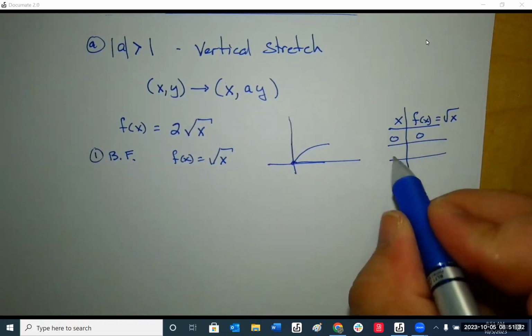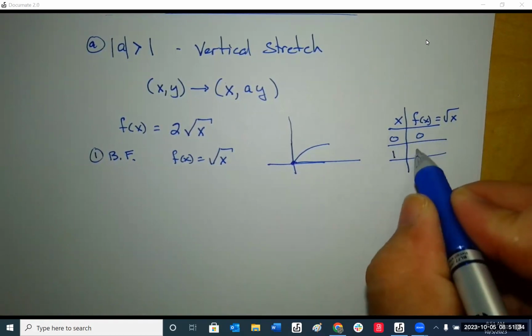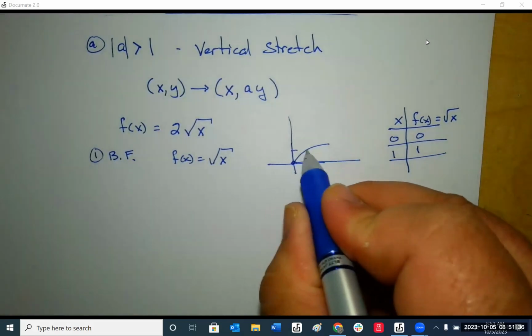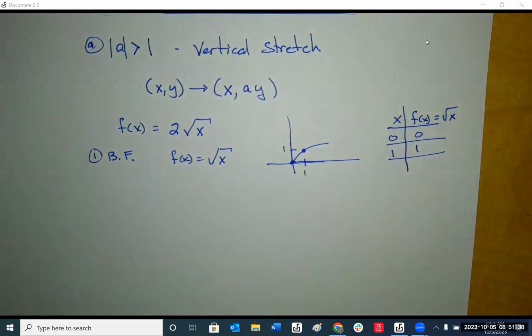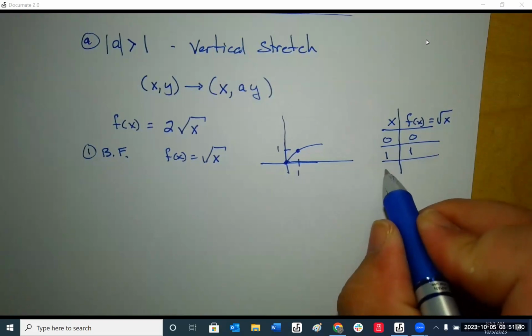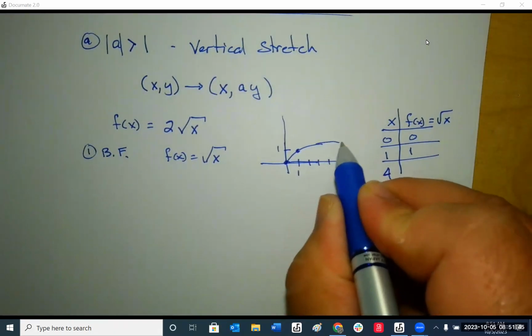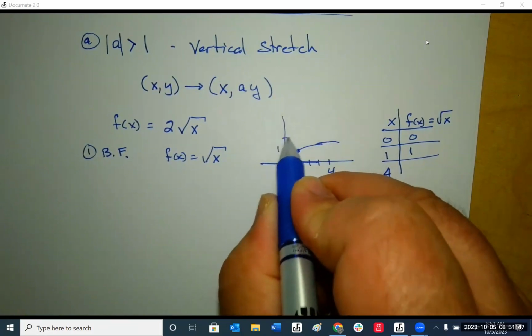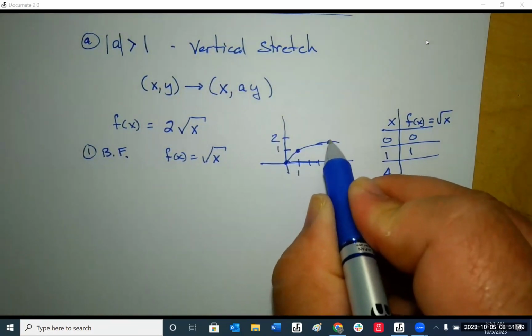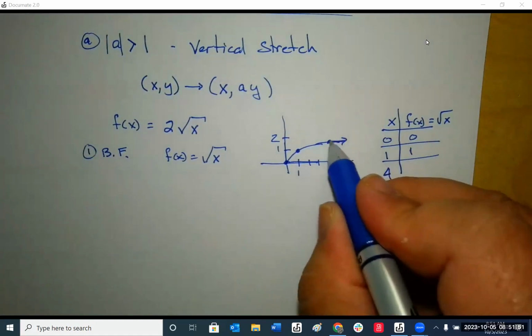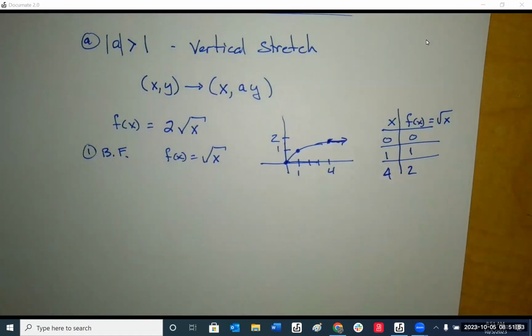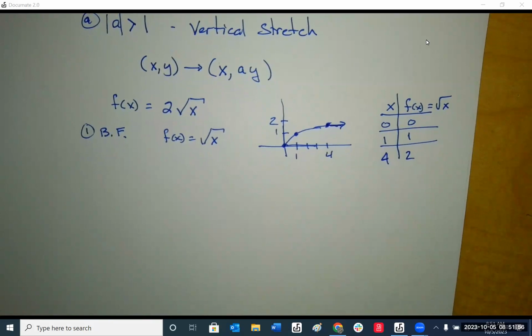That's the origin. When X is 1, square root of 1 is 1. When X is 4, Y is 2. So that's the original function.